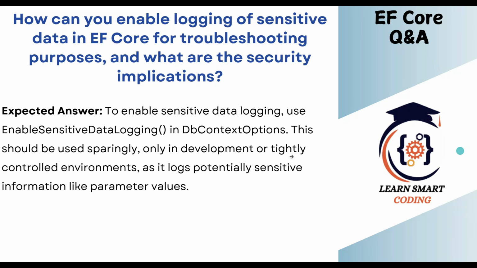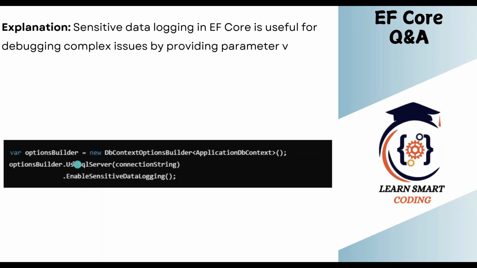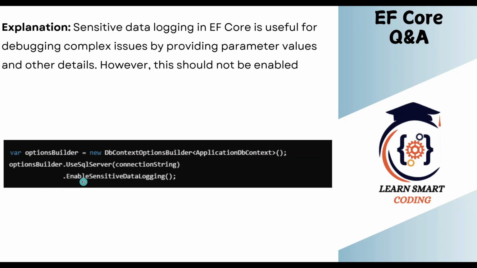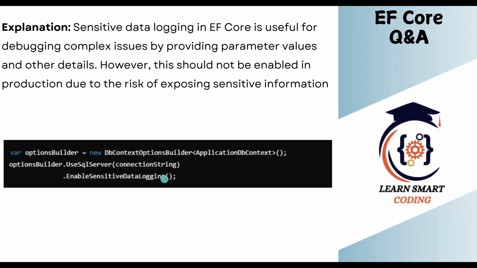There's something called EnableSensitiveDataLogging, and in the DbContext options, let me show you. If you say UseSqlServer and then EnableSensitiveDataLogging, it will log the parameterized content also. This way you know what parameter was passed in your query and what your actual query is. You can find out whether the query is wrong. If yes, then you have written the LINQ statement wrong, so you can fix it.